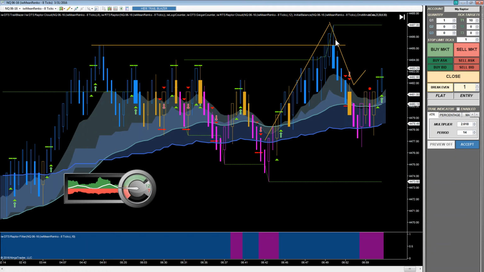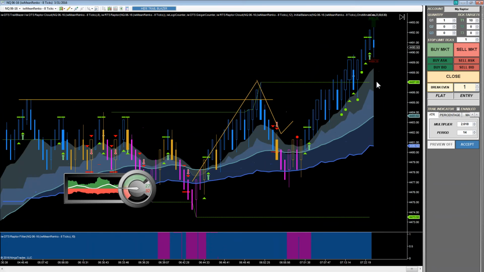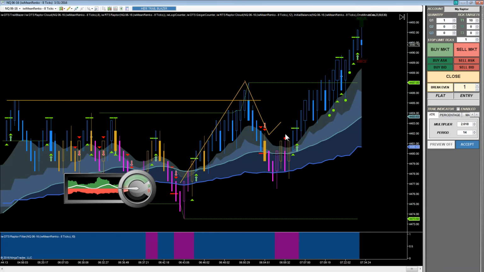Generally speaking, the first two moves will be the strongest. So here's move number one. Now here we are producing a signal. This is now move number two. So that's what makes this a better buying opportunity than perhaps trying to buy in here, right?